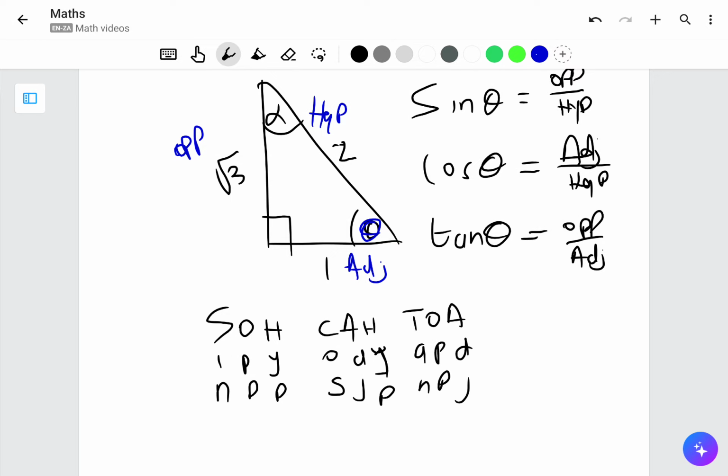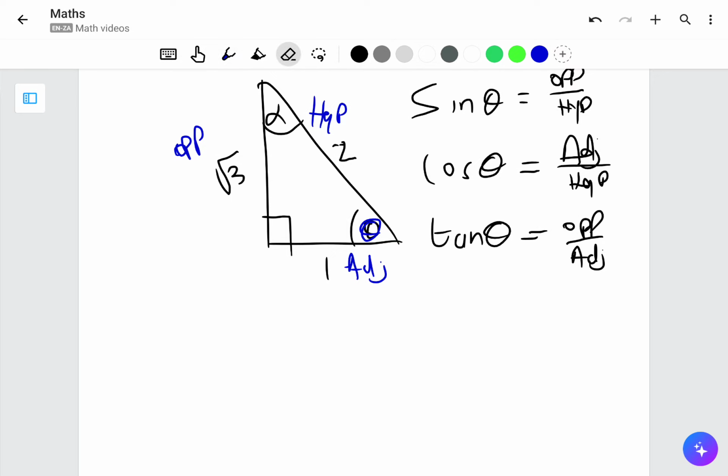So all you need to remember is SOH CAH TOA. If you can embed that into your memory, you will always remember that sine is opposite over hypotenuse, cos theta is adjacent over hypotenuse, and tan theta is opposite over adjacent.